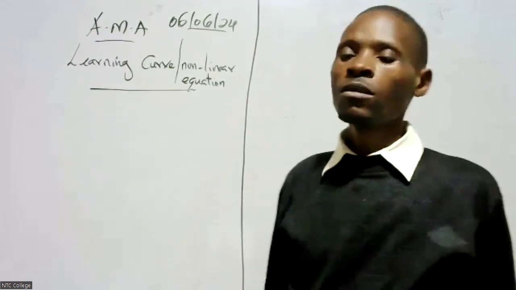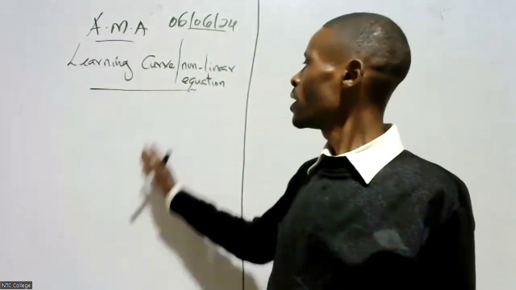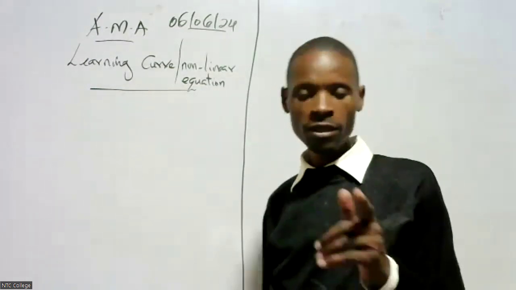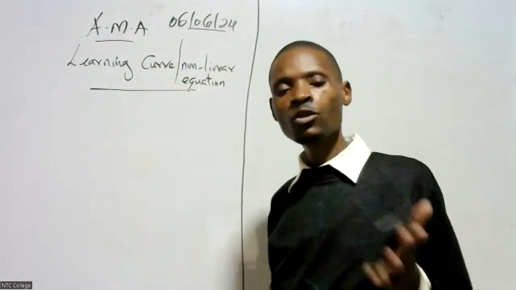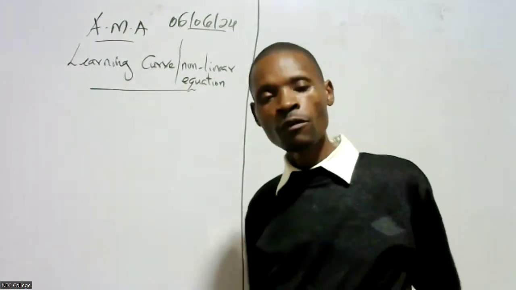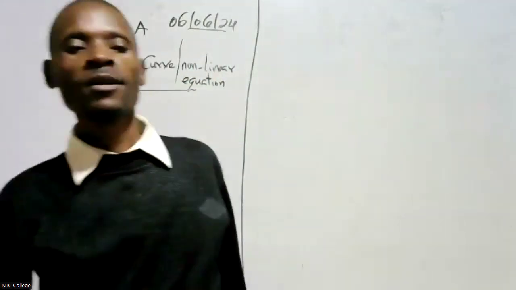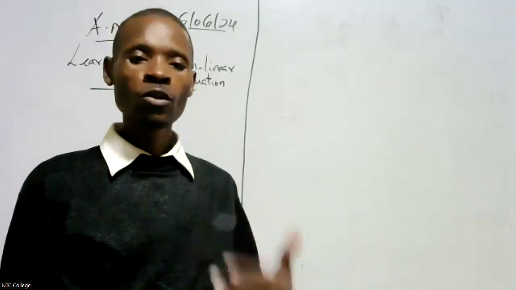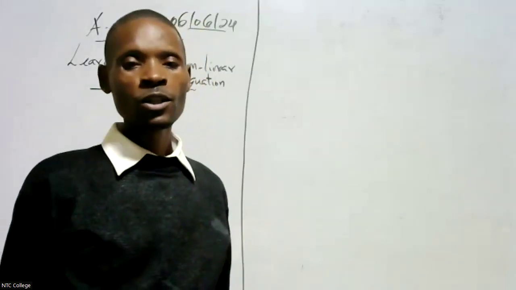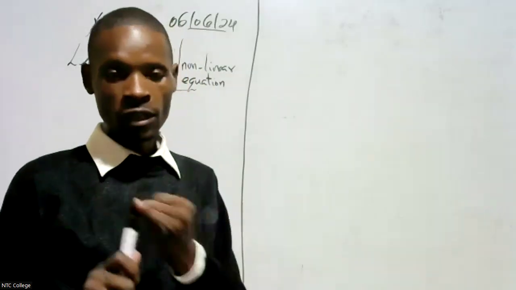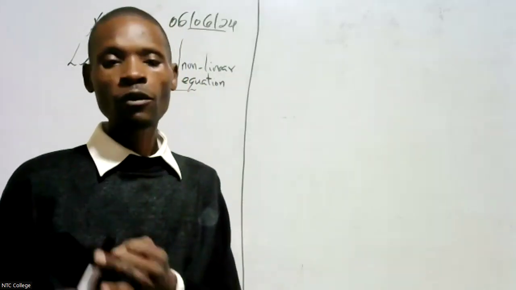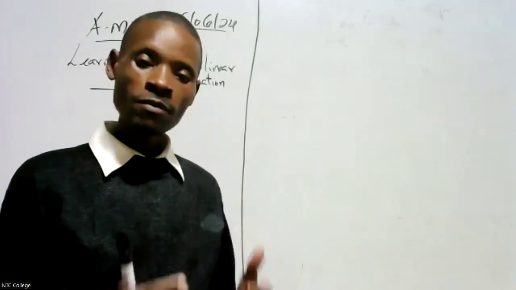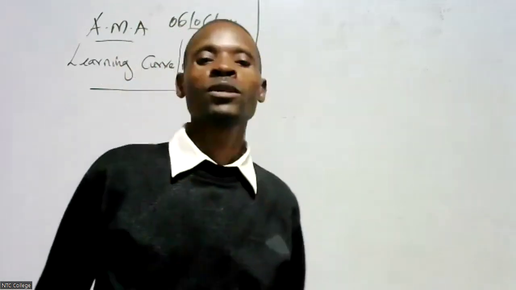To explain the concept behind the learning curve: when an individual is introduced to a particular task for the first time, you tend to take more time and produce fewer units. The reason is you don't have experience, you don't have confidence. So that's why you take more time as you produce less output.